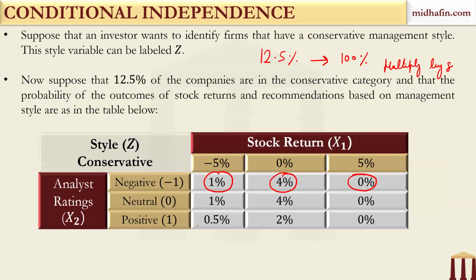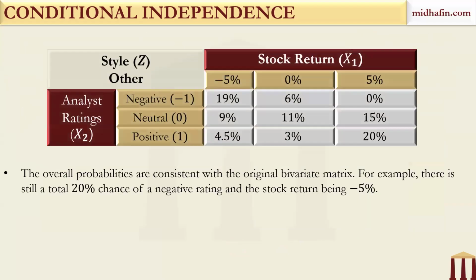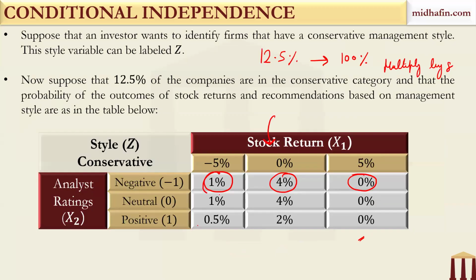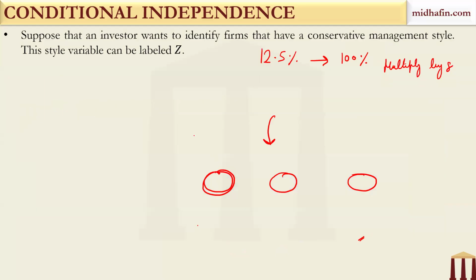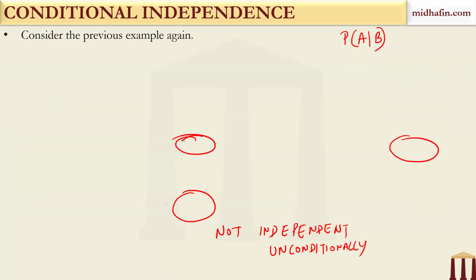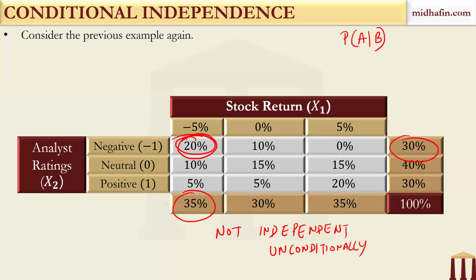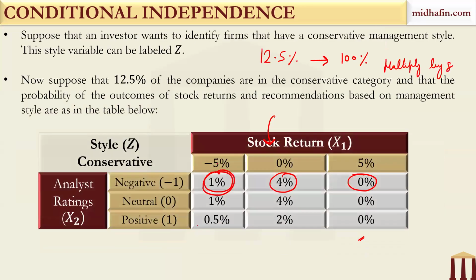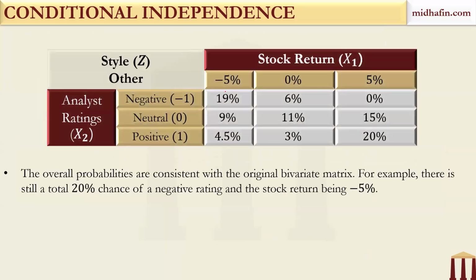So basically, since these numbers were chosen for the 12.5% part, obviously for the remaining 87.5% part, these numbers have to be there naturally. Because if we are only taking 1% from the total of 20%, and in the conservative style category the joint probability is only 1%, then obviously the remaining 19% will go in the other style categories.